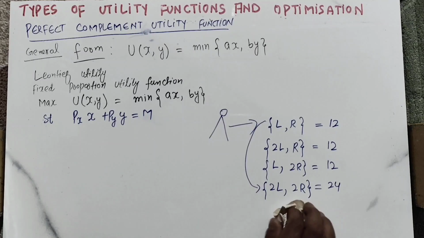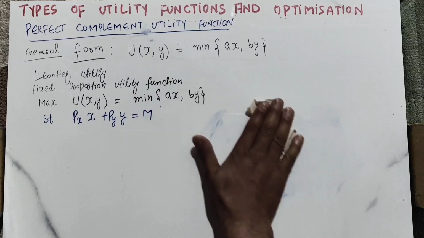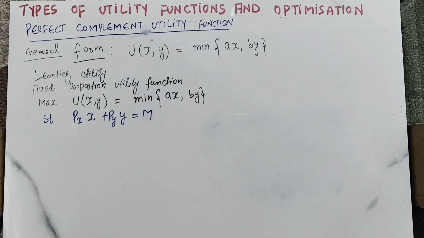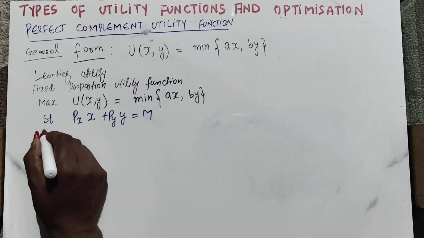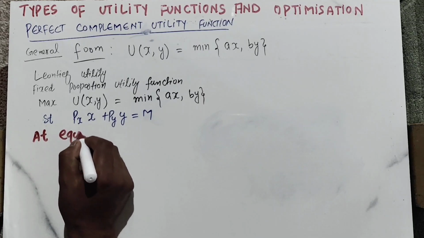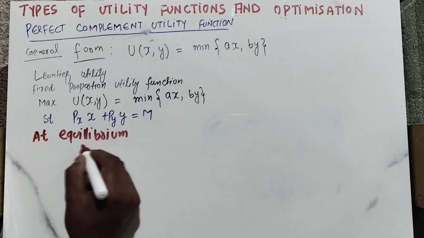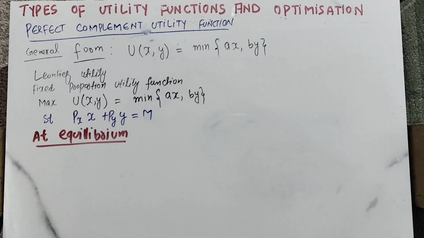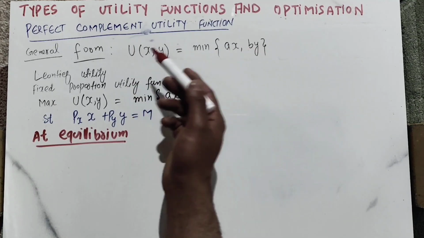Okay, so having said that, where will the consumer achieve its equilibrium? At equilibrium, what we do is we equate whatever is in the parenthesis of our utility function.